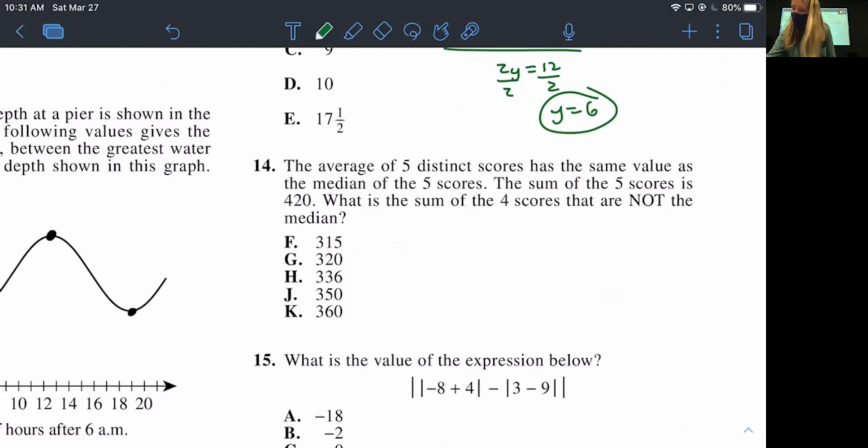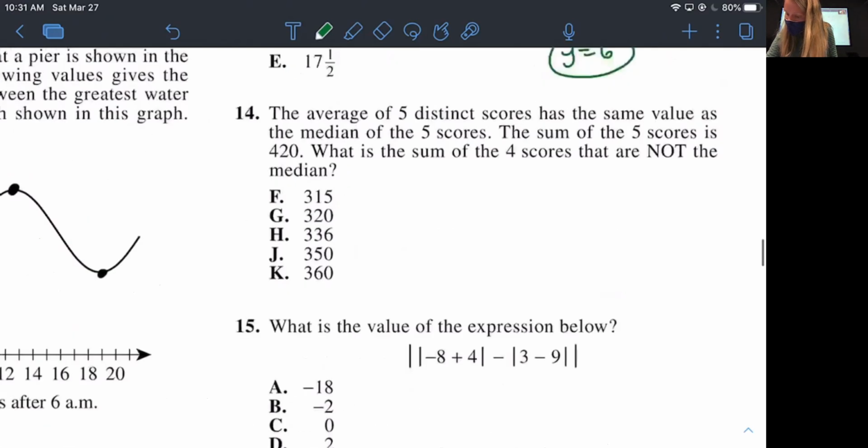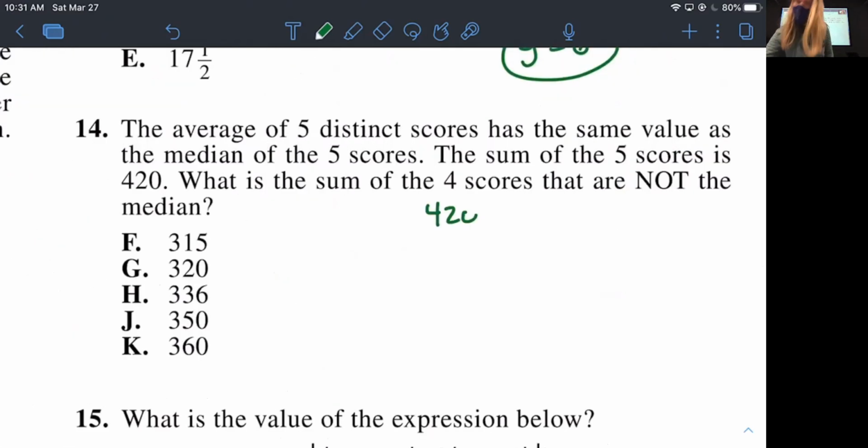Well, if I add up the 5 scores, I get 420. So if I take score 1 plus score 2 plus score 3 plus score 4 plus score 5, including the median, I get 420. So 420 is the sum of the 5 scores. To get the average, we divide by 5.